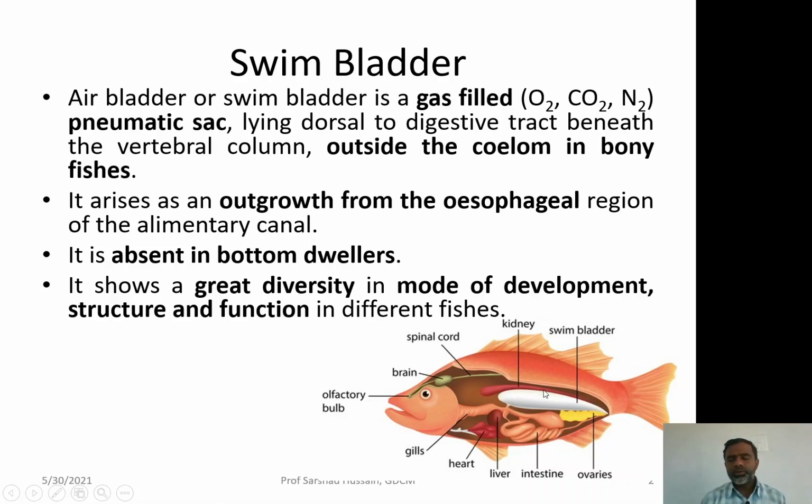You can compare yourself: if you want to swim in water, you take a tube, fill it with gas, bind the tube to your body, and then jump into the water. The air tube will keep you floating on the water. In a similar way, this swim bladder helps the fishes in swimming.